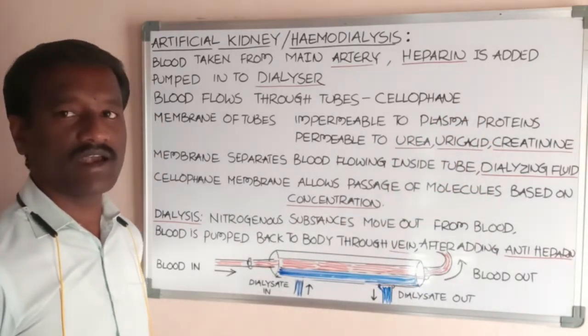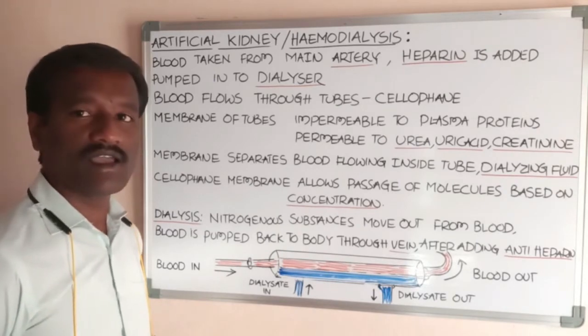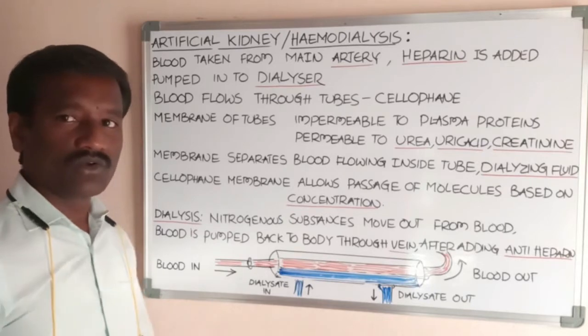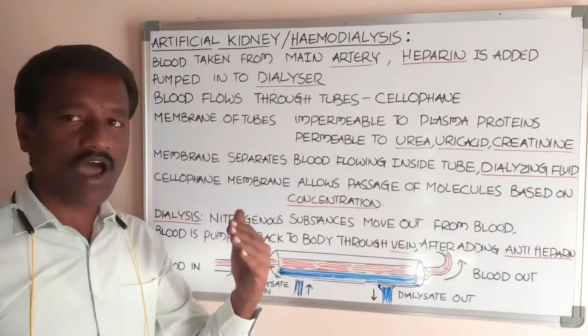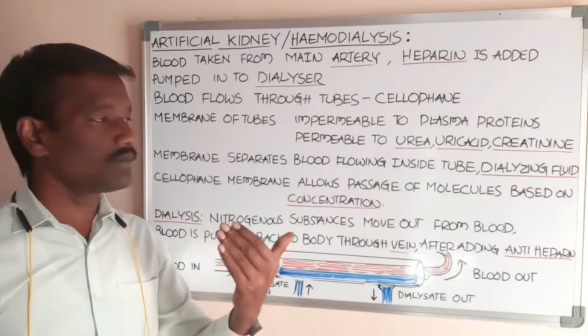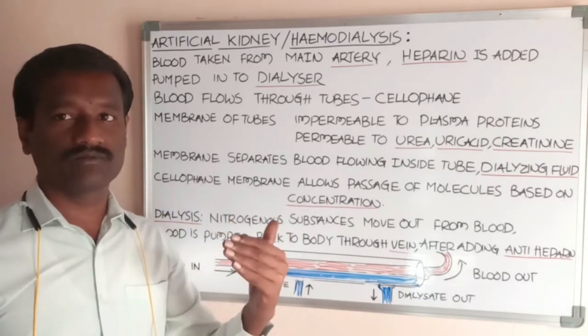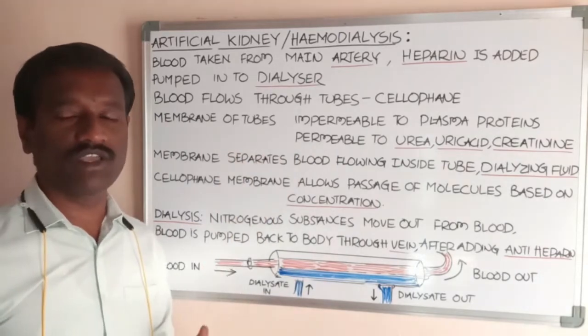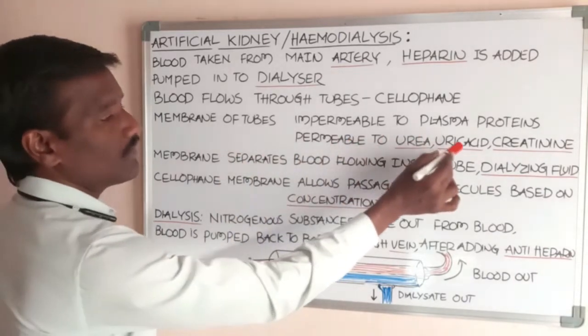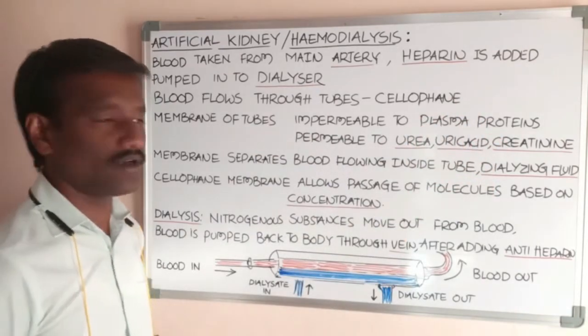Uric acid and creatinine are excretory products, nitrogenous waste substances. This allows their passage from the blood which flows through the tubes of the dialyzer. It is permeable to urea, uric acid and creatinine.